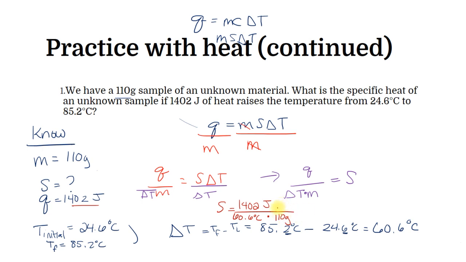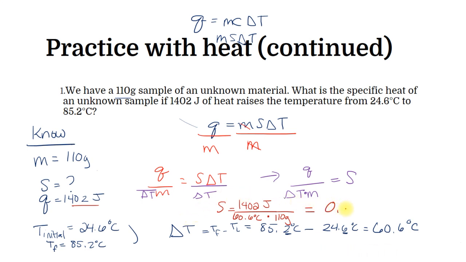So now this is going to come out with the correct units, joules per gram degree Celsius, so I know that I've set up my math correctly. Don't forget that the bottom is multiplied together, so you might want to do that as a separate step. So 60.6 times 110 would be on the bottom, and then 1402 divided by that.